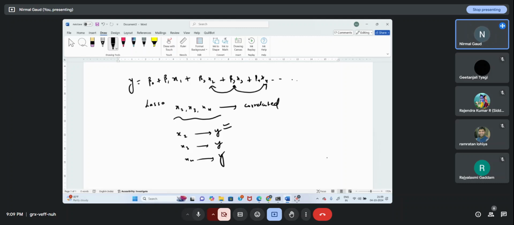So it is required that x2 should be present during model training, because x2 is explaining more variance in the target. It is related to the target. But what is the statement for Lasso? The statement says that Lasso arbitrarily selects.